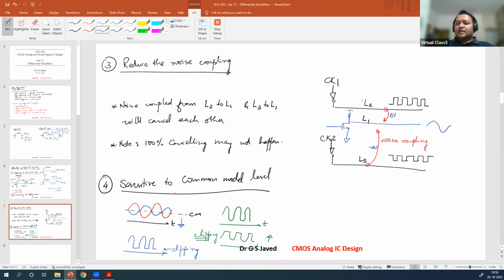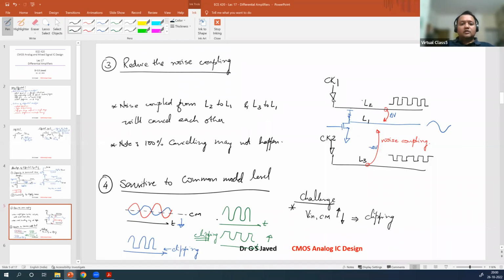So now these differential signals are very sensitive to this. You have a challenge here. What is the challenge? The challenge that you will identify is, if your Vin common mode signal either goes up or goes down unreasonably, then you will see clipping.